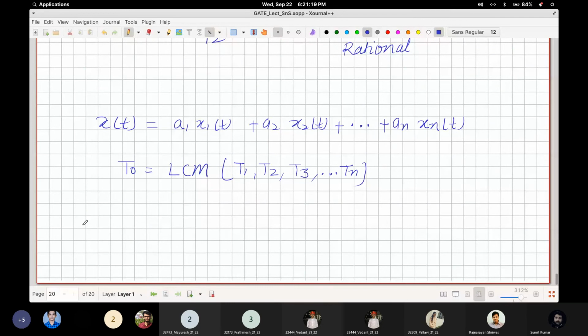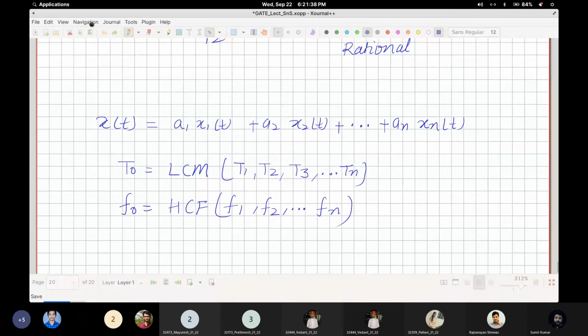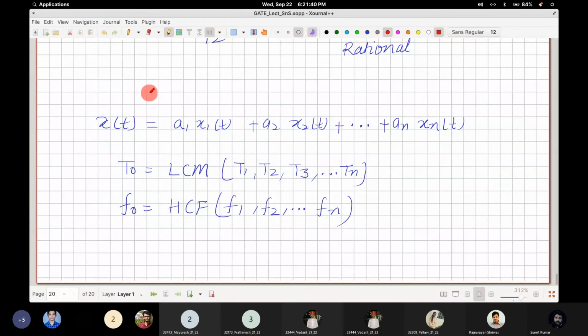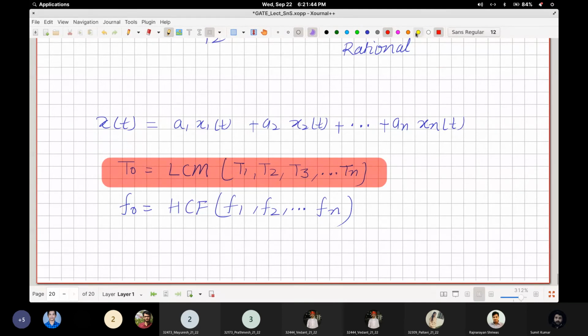Similarly, if you are talking in terms of f naught, then it will be the HCF, highest common factor, of f1, f2, dot dot dot, fn. So this is how you can calculate periodicity. So T naught is calculated this way and f naught is calculated this way. Is that clear to everyone?